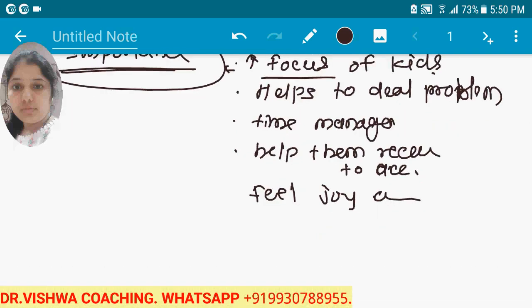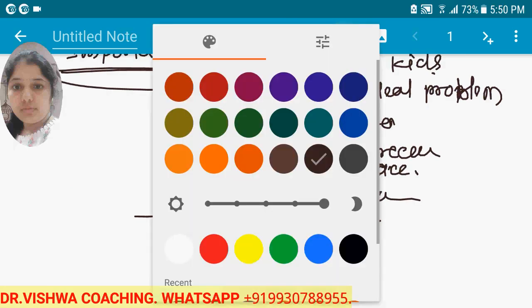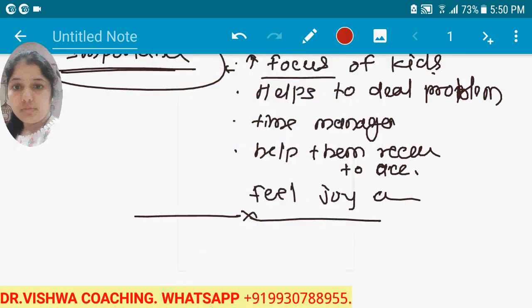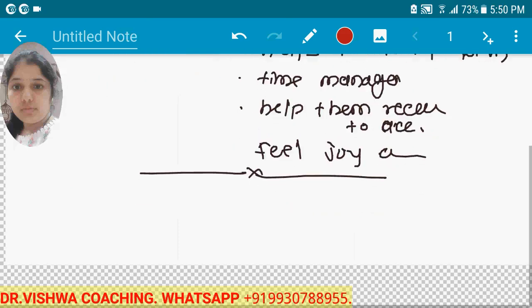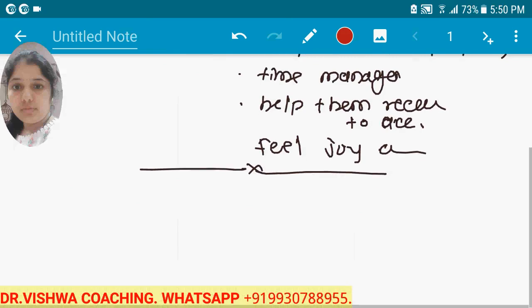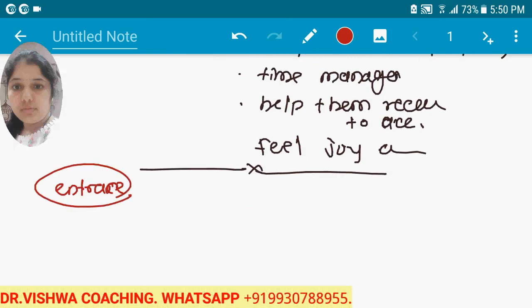As you all know, the competitive exam is necessary because whichever faculty you take in your career life, there is always some entrance exam which you have to face before you step into the career you have chosen.